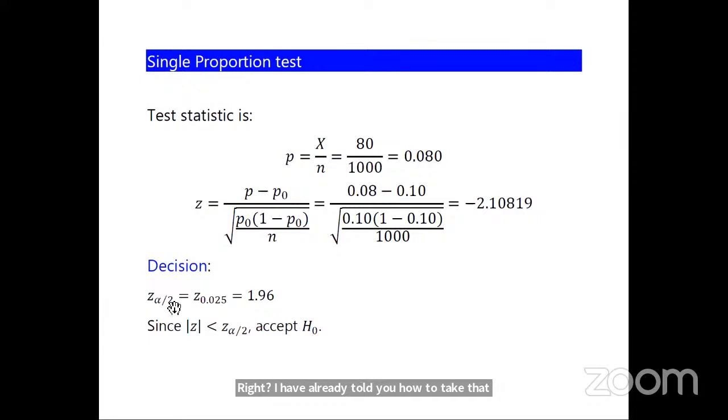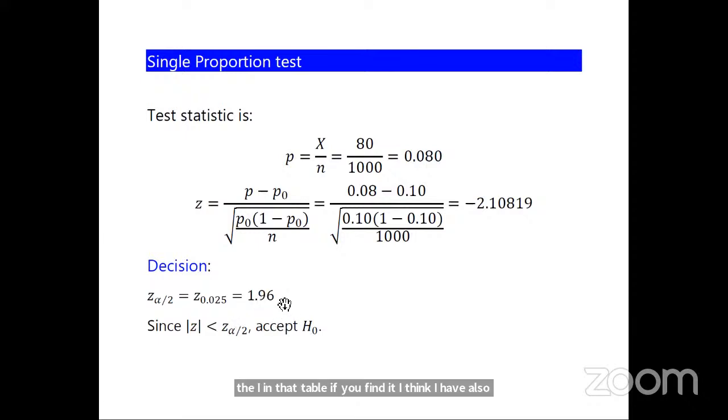Right? Now, I have already told you how to take the decision. The value of Z alpha by 2. Since we have considered alpha as 0.05, alpha by 2 will become 0.025, and its table value. If you search Google for the Z table, you will get the table, and I think I have also put it in the next slide.